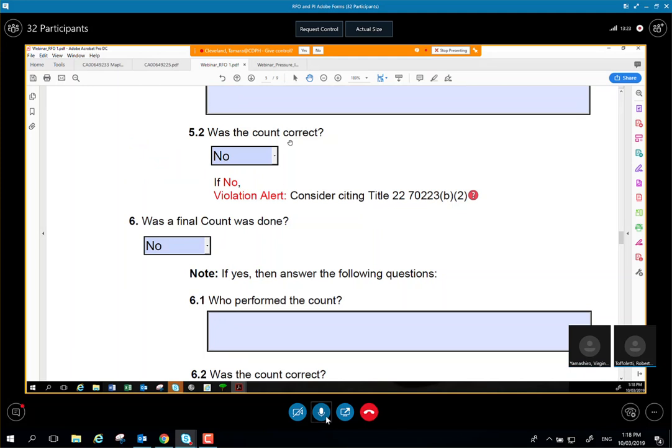That is where these forms come to play. Yeah, we expect any investigation of RFO to use this process moving forward.